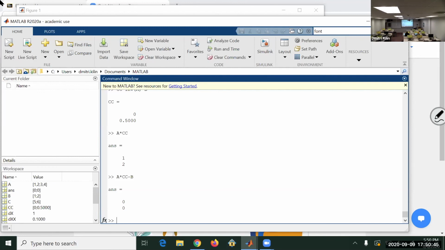Did you hear of it? Okay. So if you play with the determinant of this matrix 1, 2, 3, 4, what would it be? Diagonal minus counter diagonal. So 1 times 4 minus 2 times 3.